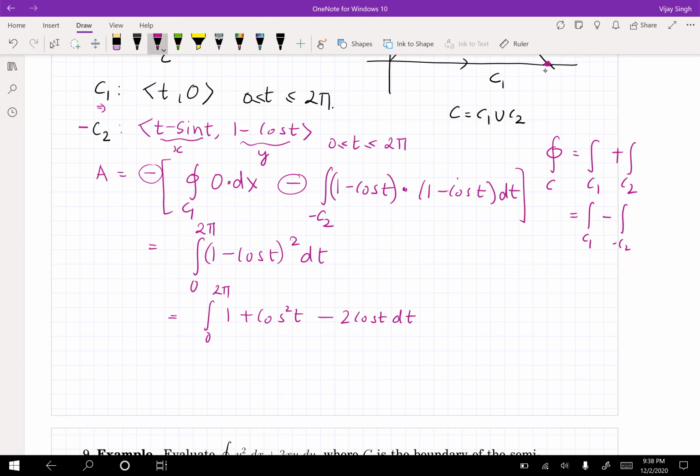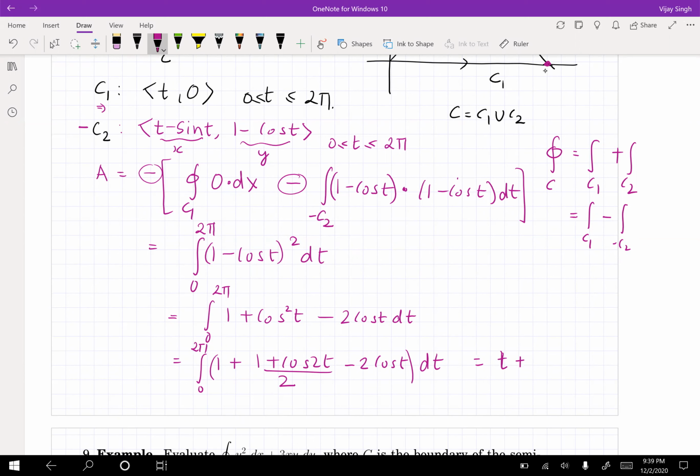Now we can write this as the integral from 0 to 2 pi of 1 plus (1 plus cos 2t) divided by 2 minus 2 cos t dt. And when you integrate it, you will get all sines, and 0 to 2 pi will basically kill all of them off, except you'll be left with what? You will be left with t. So you'll be left with what?